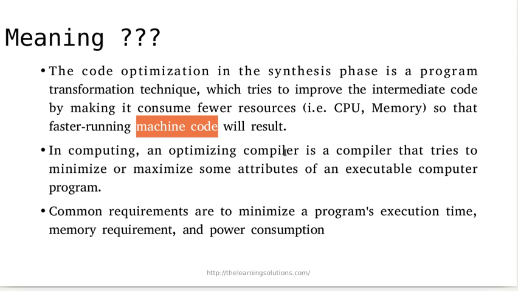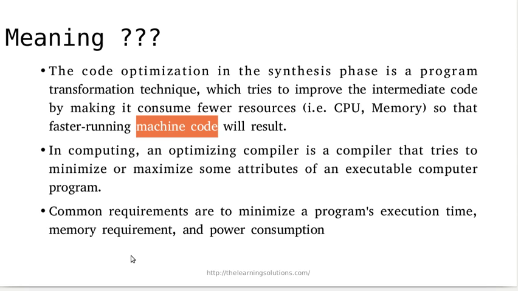The major requirements the code optimization techniques focus on are that program execution time should be improved, then less memory requirement, that means storage allocation or register allocation should be as small as possible and efficient, and lastly, power consumption. These are the main areas code optimization focuses on.